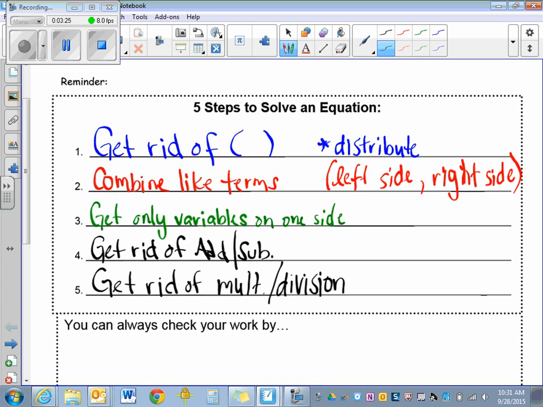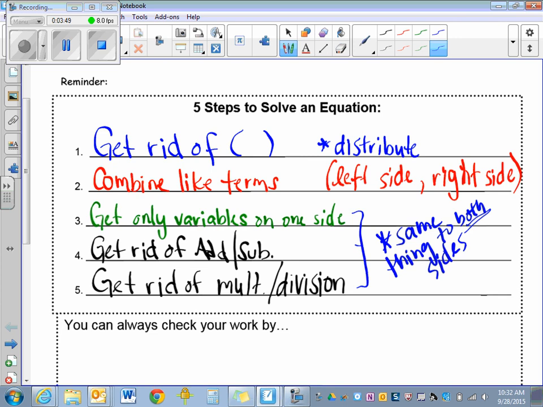All right? And remember, we need to be very careful that we don't forget we have to do the same thing to both sides. And that's pretty much for these last 3 steps here.